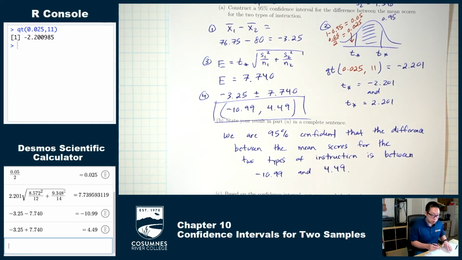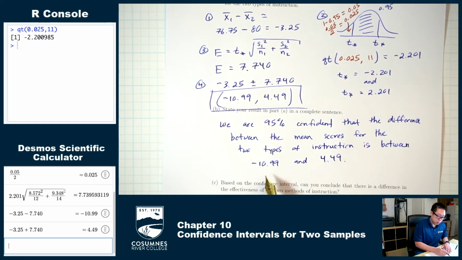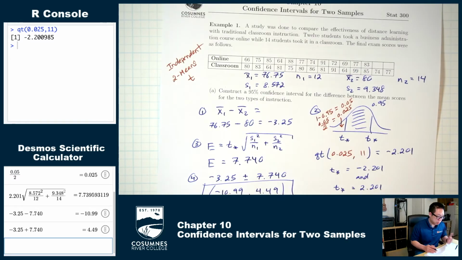So this is not proportion, so you don't convert this to percents. So it's negative 10.99 and 4.49 points.